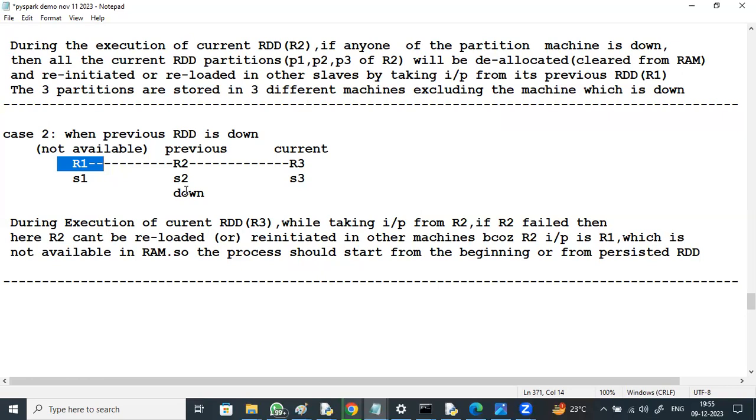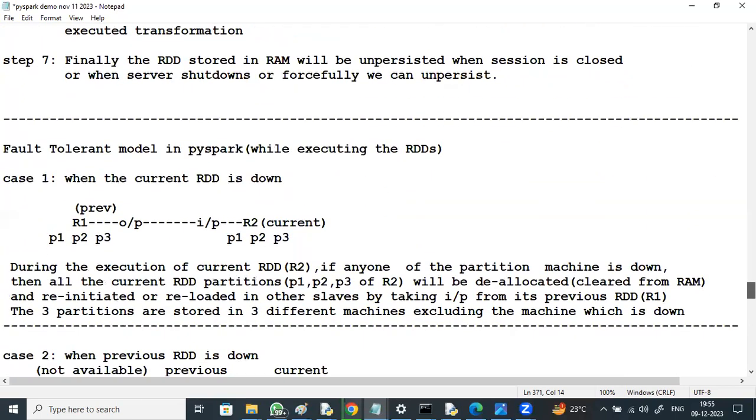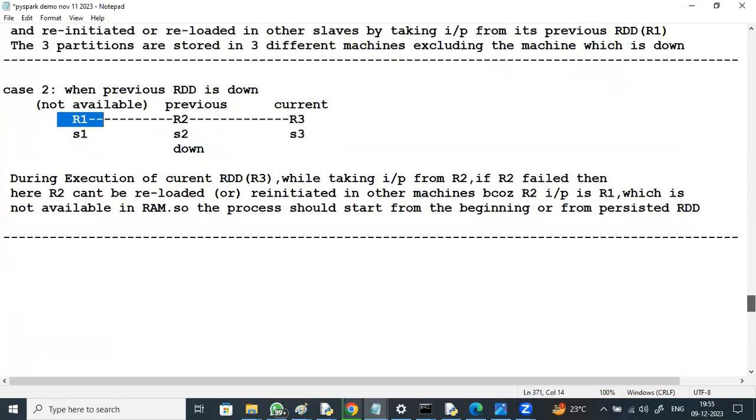Case 1: the current RDD going down while computing means no problem. Case 2: the previous RDD machine is down while computing the current RDD, so it should start from the beginning, or from any RDD available in the RAM.